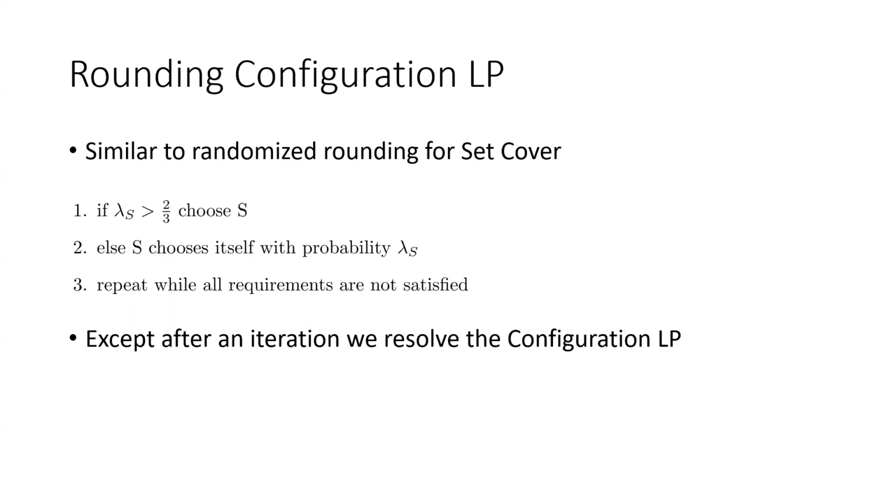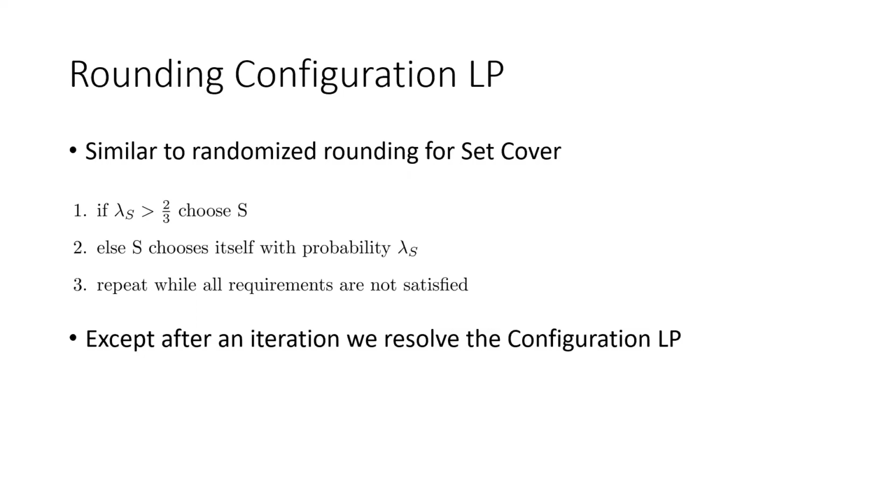What we do is we take the lambdas of the cuts, and if the lambda is big enough, then we will pick it anyway. In this case, we chose it to be bigger than 2/3. And if not, then we choose it with a probability of lambda. And so we repeat this process until all the requirements are satisfied.